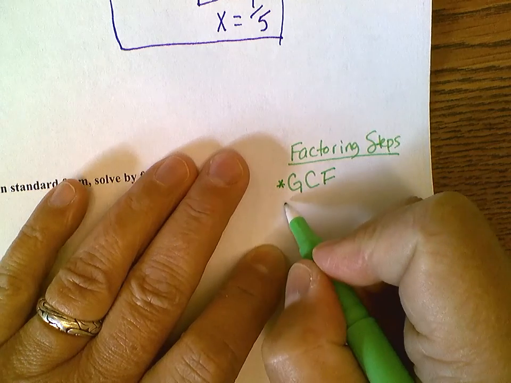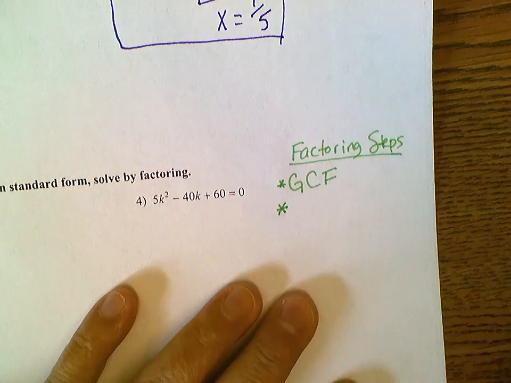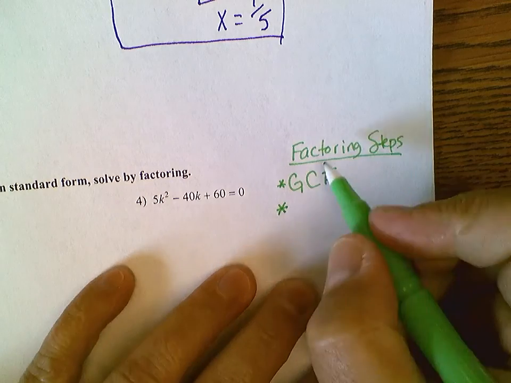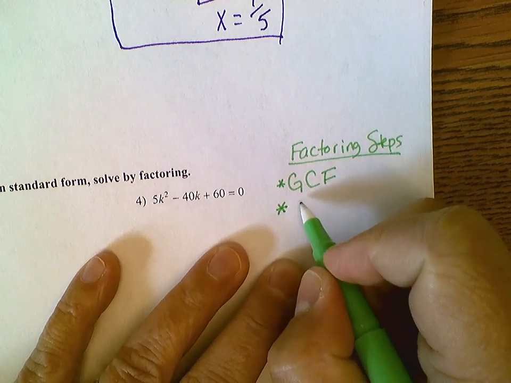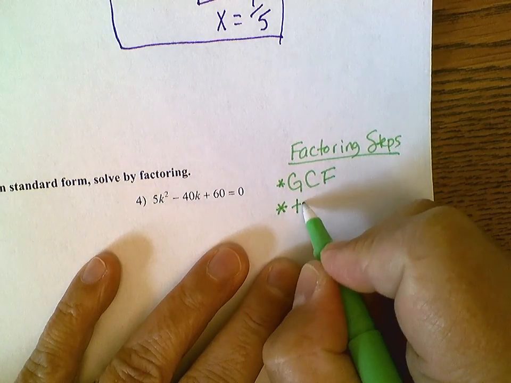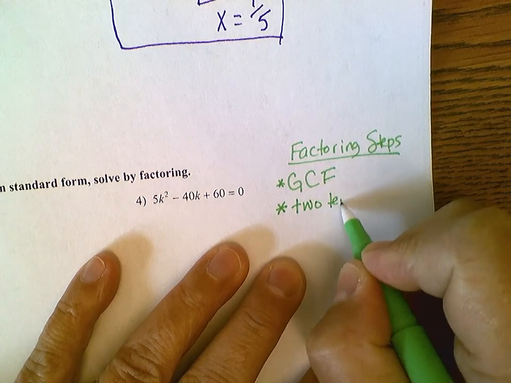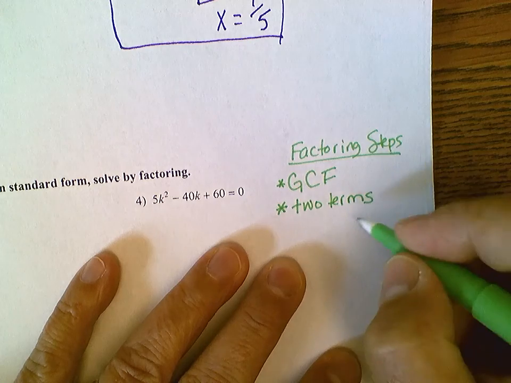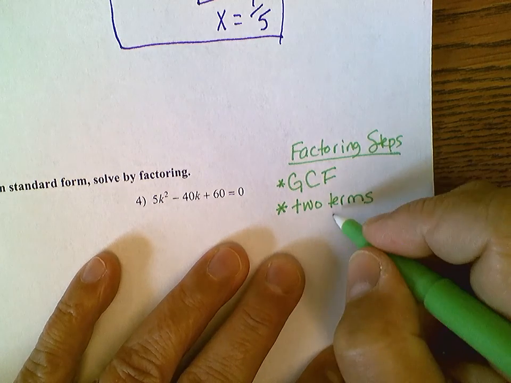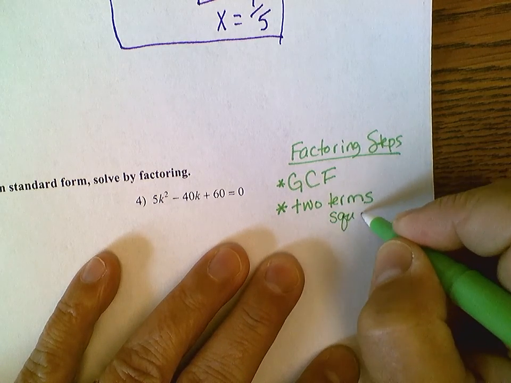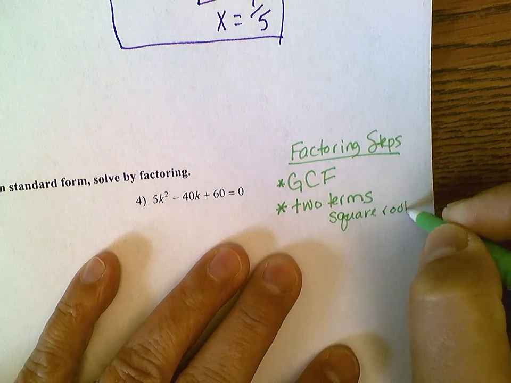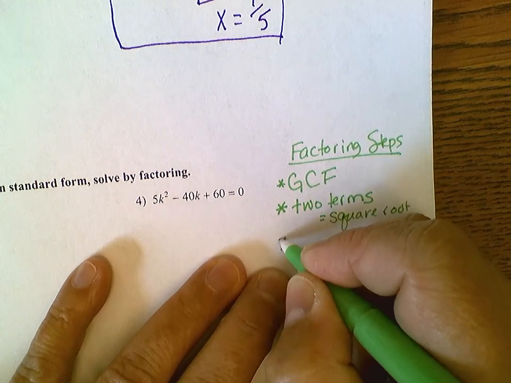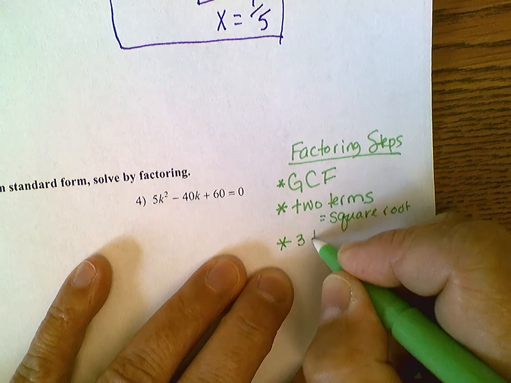After we've looked for a greatest common factor, we're going to pay attention: do we have two terms? Yeah, two terms. Then we can use square root if we have that. Do we have three terms?